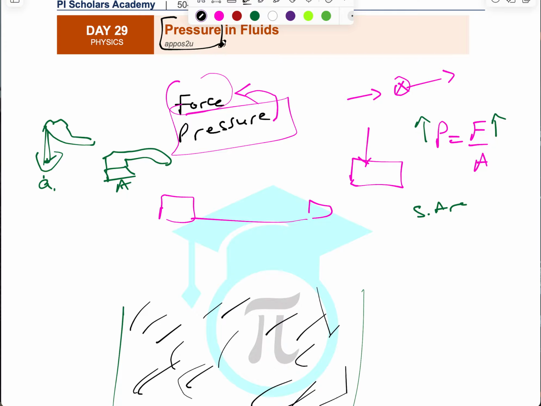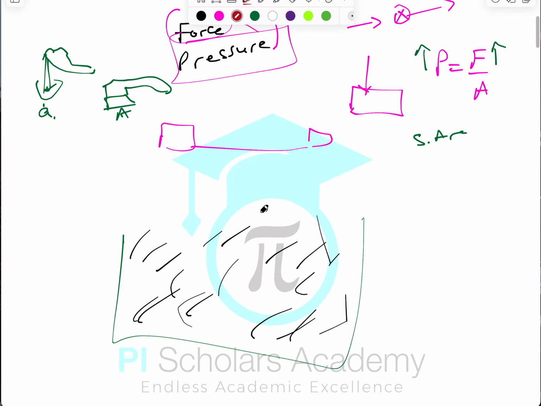The first thing you need to note is that when you begin to place objects in this fluid, let's say you suspend an object A around here, you have an object B around here, an object C around here, and let's say you have object D around here as well.